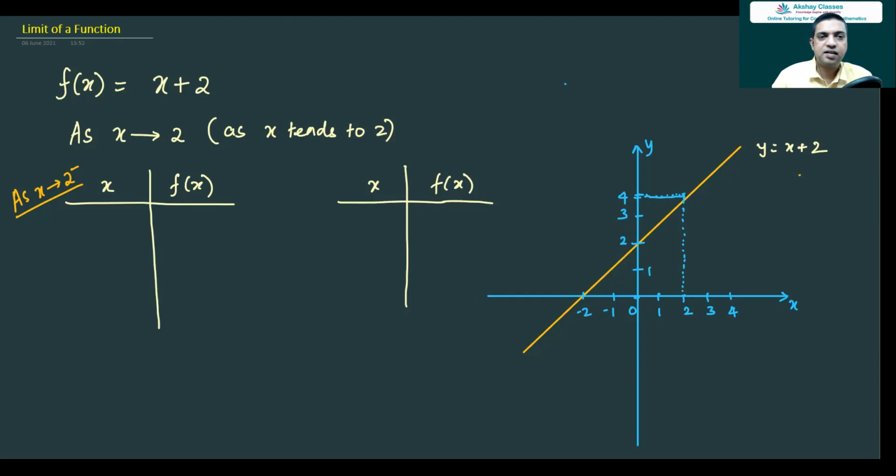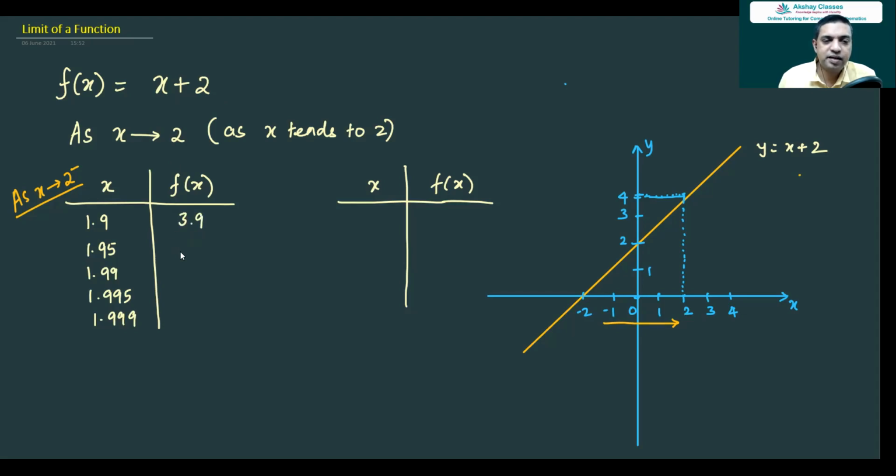Now as x tends to 2 minus, that means x is approaching the value 2 from values lesser than 2. So x is say 1.9, 1.95, 1.99, 1.995, 1.999. What happens to f of x? It approaches x plus 2.